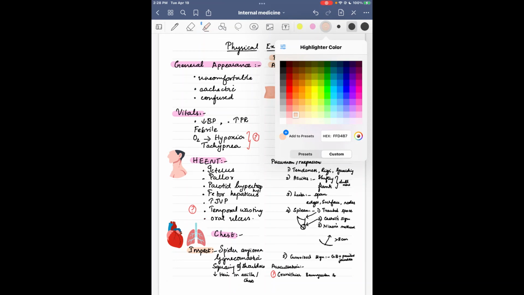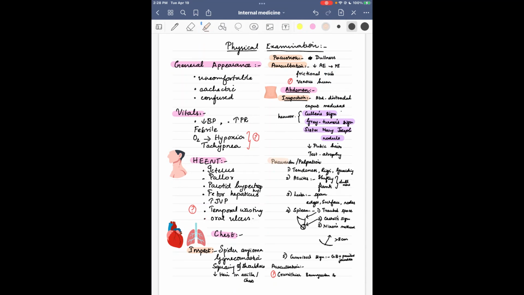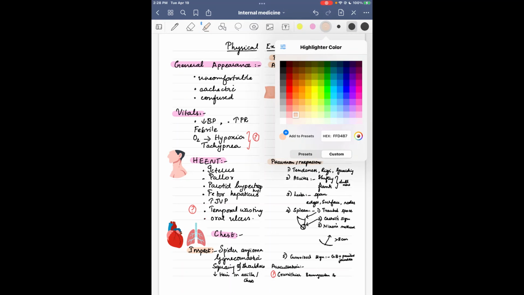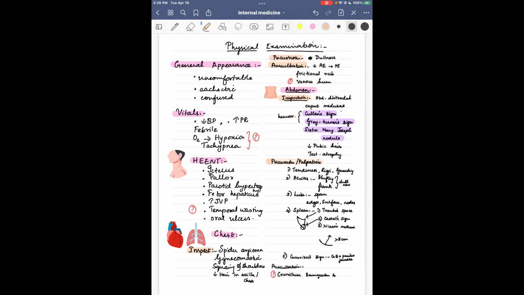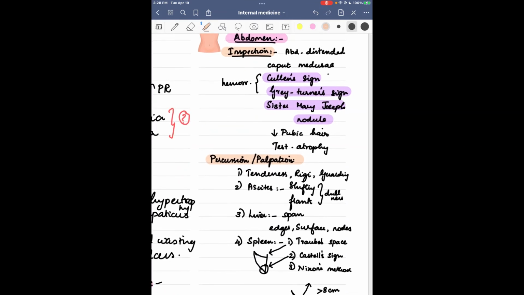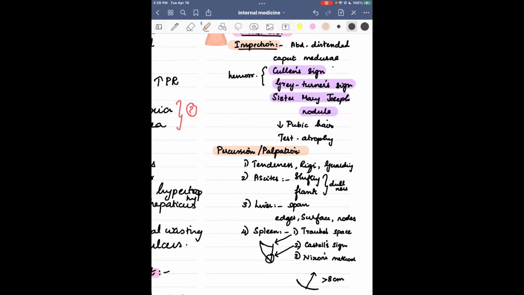And then in percussion and palpation, first, when we touch the patient, we need to make sure that the patient is not having any tenderness or rigidity or guarding.